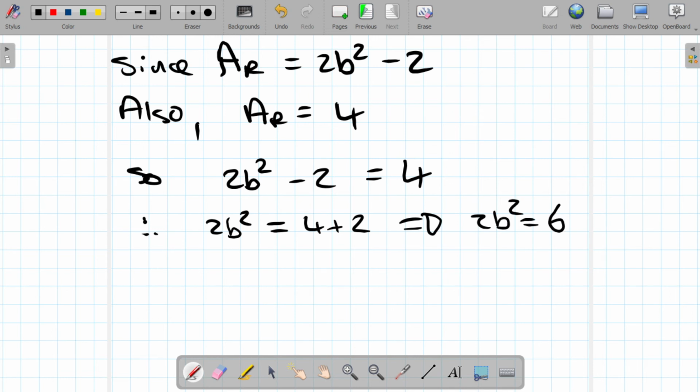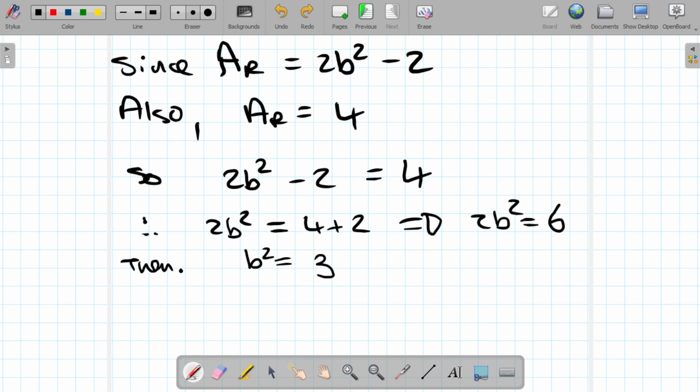And if you divide both sides by 2, you get b squared equals 3. So we've just divided both sides of this equation by 2 to get b squared equals 3 here.